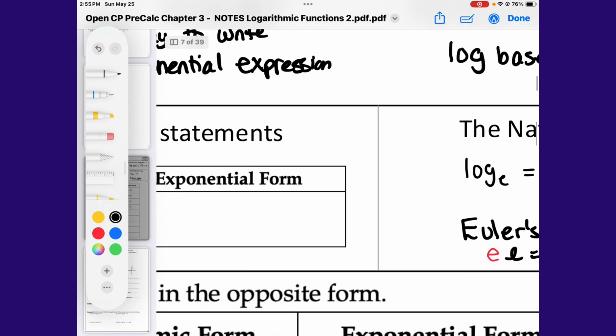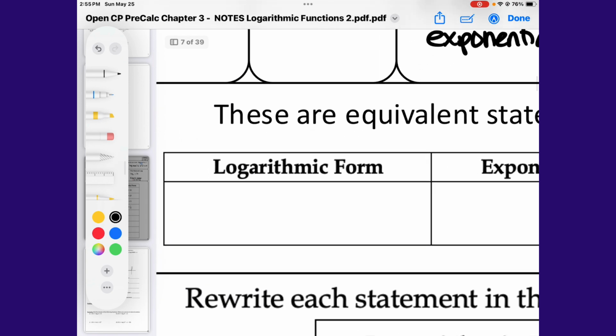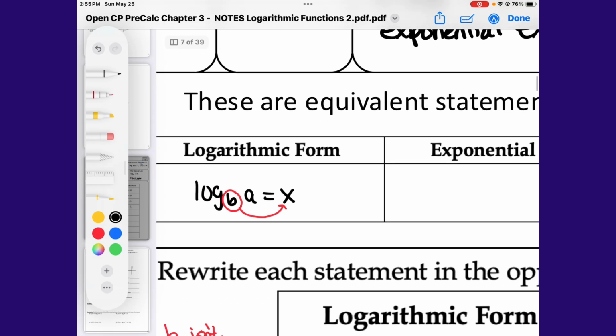It's there. All right. So when you are in log form, something that looks like log base b of a is equal to x, we can rewrite this in exponential form. This, like I said before, is still your base. It now becomes raised to the power of x.